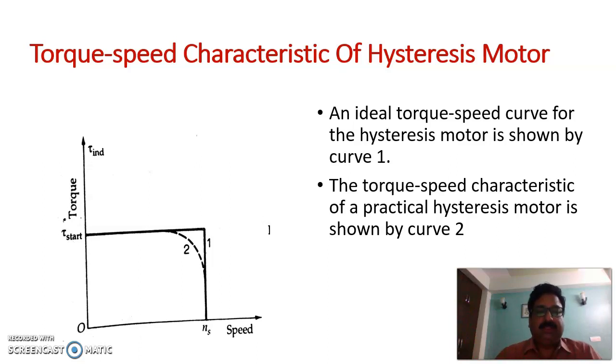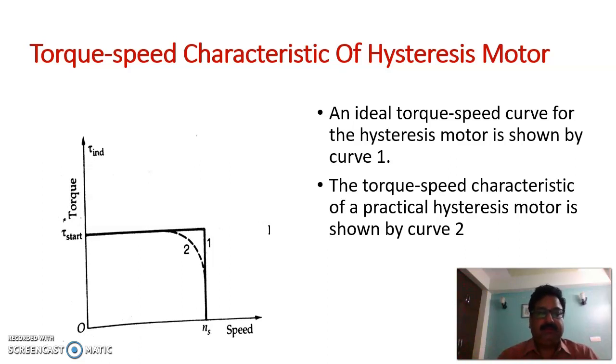When we talk about the characteristics, the most important is the torque speed characteristics of the hysteresis motor. You can see here the torque speed characteristics of the hysteresis motor at synchronous speed and starting torque. There are two curves shown here, curve 1 and curve 2, and these two curves have their specific role.